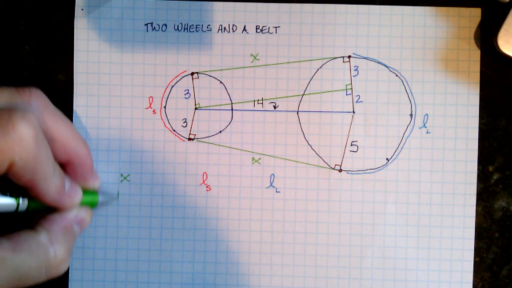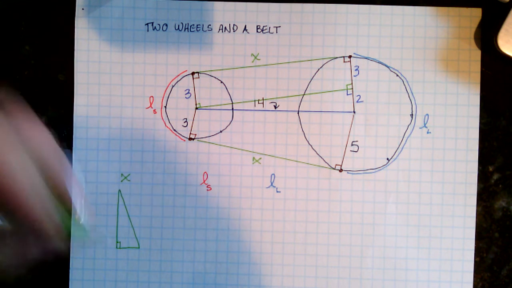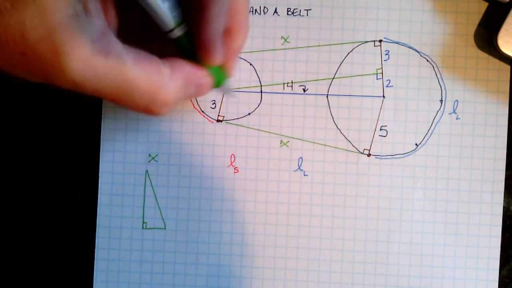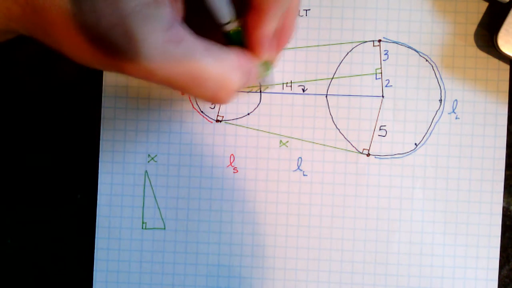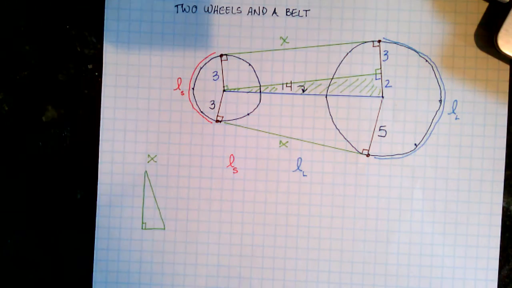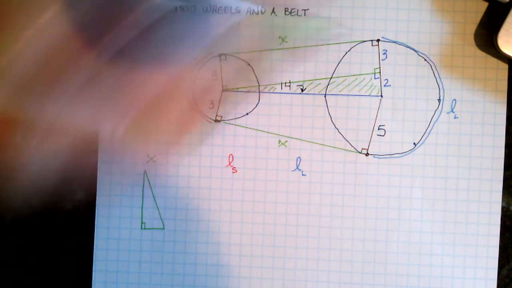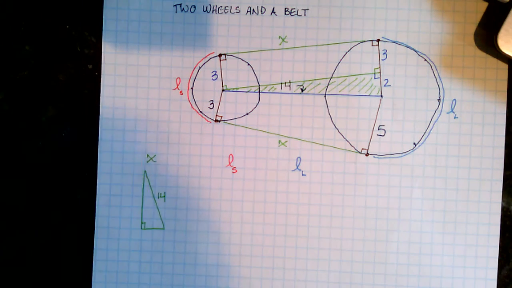If I were to sketch that triangle in the center, the green triangle I'm shading in right there, the hypotenuse opposite the 90 degree angle is 14, and the small side is 2.